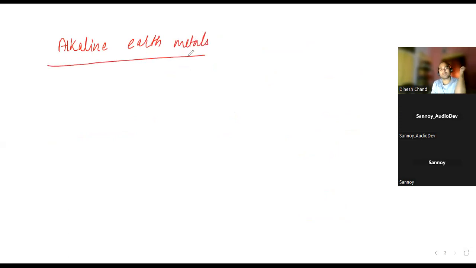Next one, alkaline earth metal. What do we mean by alkaline earth metal? Sir, I don't know why their name is alkaline earth metal, but I know that alkaline earth metals are generally the group 2 elements. Okay. They are found in earth crust.